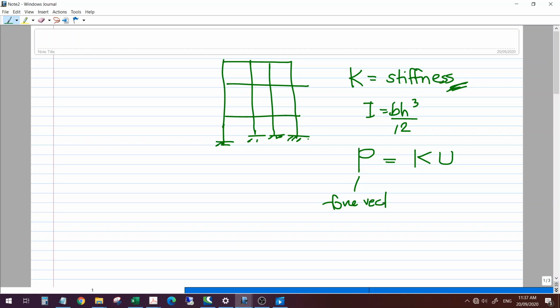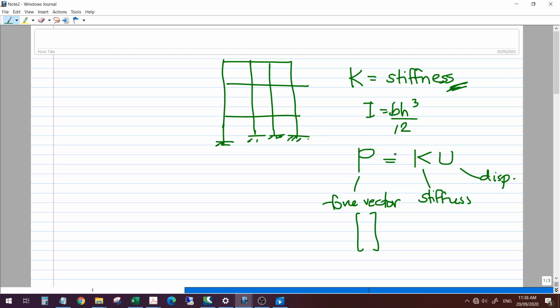Force vector means it's a column matrix. I just call it a vector, a force vector, but it's a column matrix, because we also have a row vector. Next is the stiffness, the K. And the displacement.